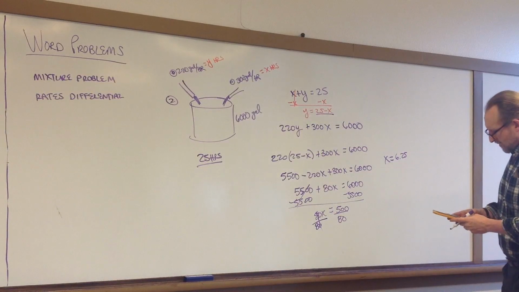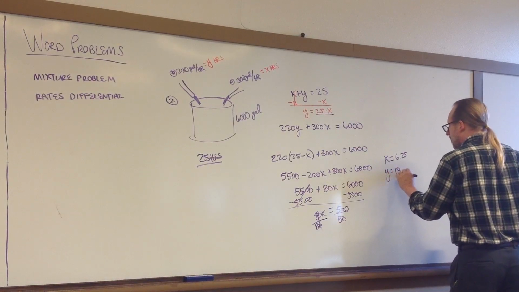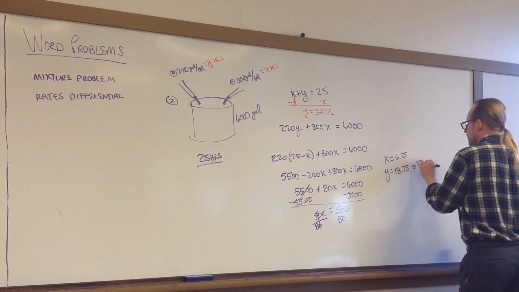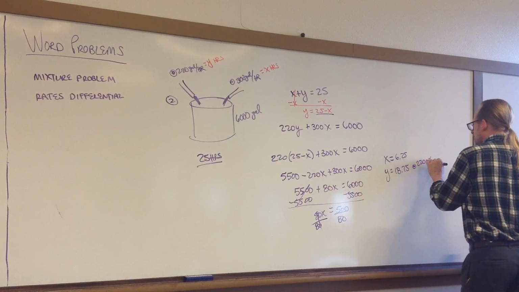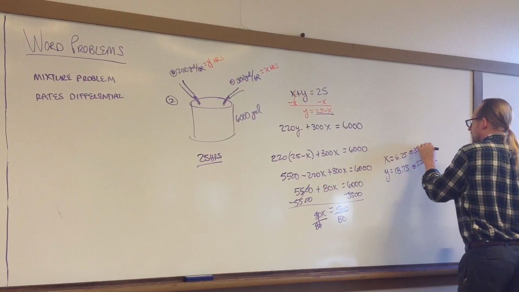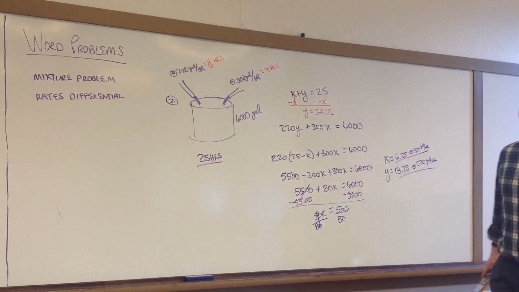And the other one, 25 minus that, 18.75. Yeah. Okay, so that's the 220 gallons per hour, and this one is the 300 gallons per hour. And there we go.